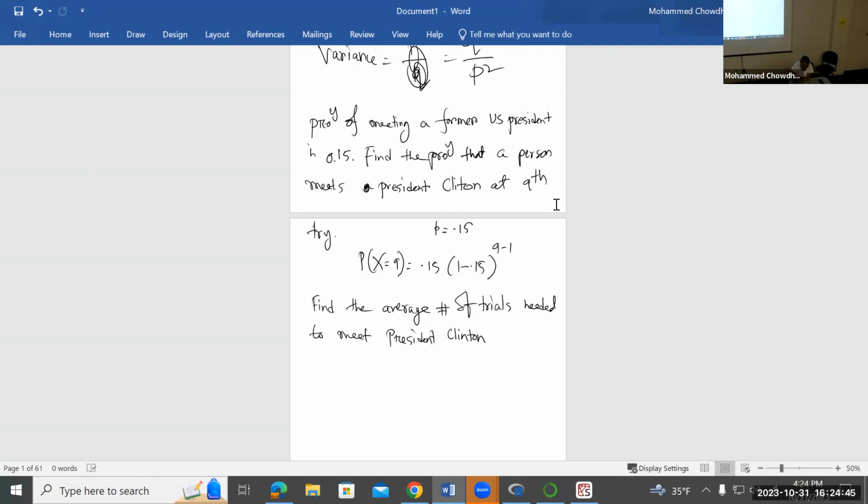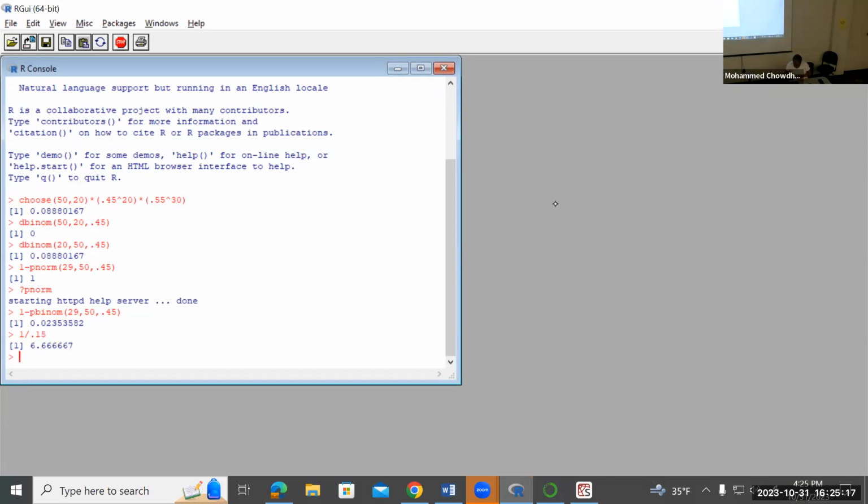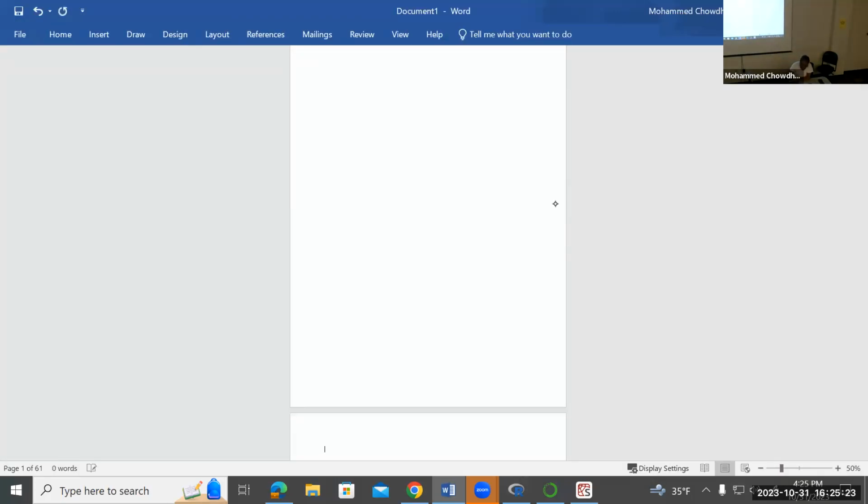Average number. So what is the mean? Mean equals 1 over P, right? So P equals what? 0.15. So 1 over 0.15 equals what? 1 divided by 0.15 is 6.66.